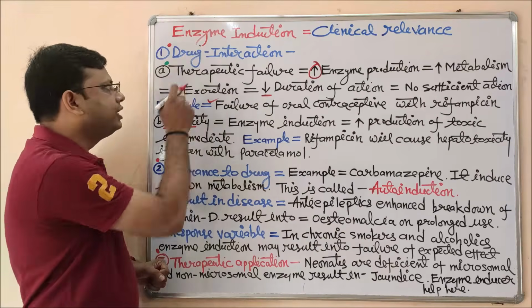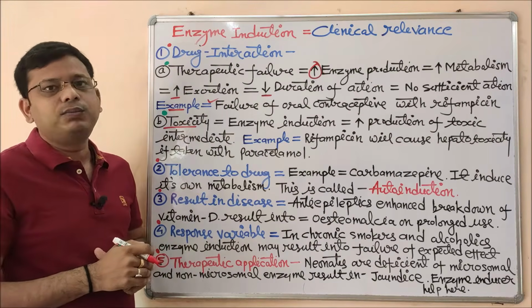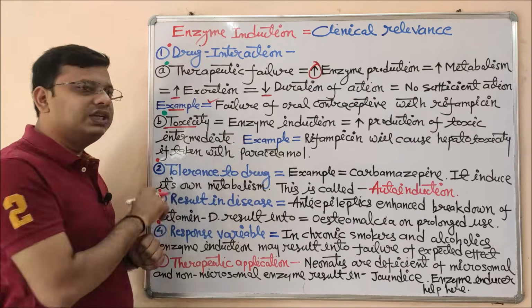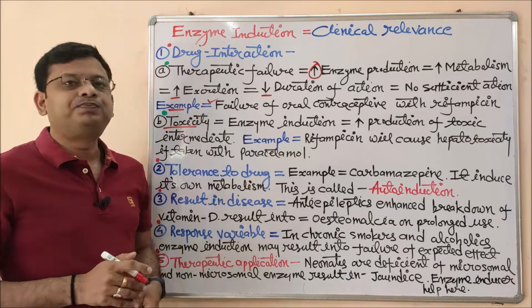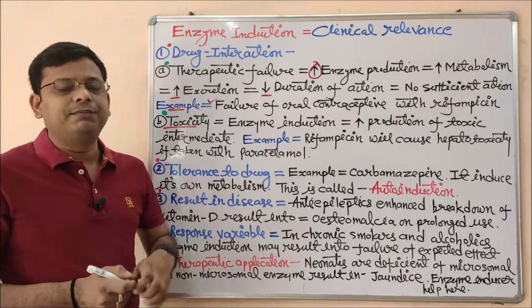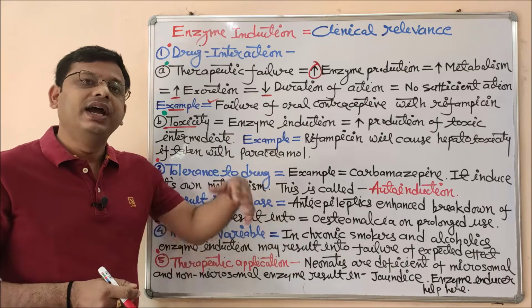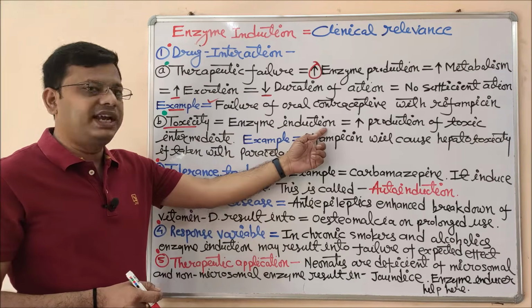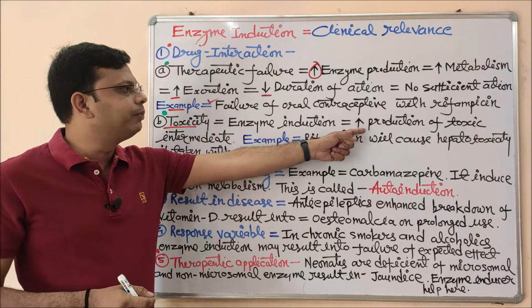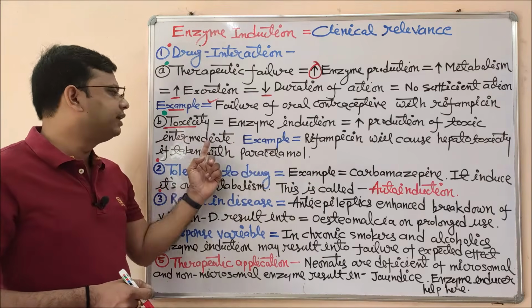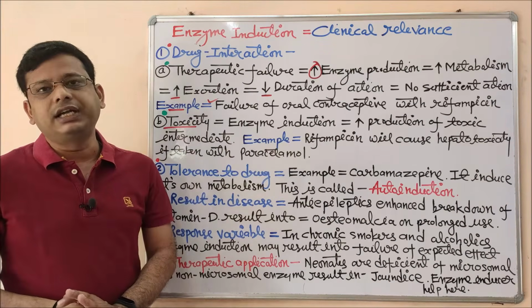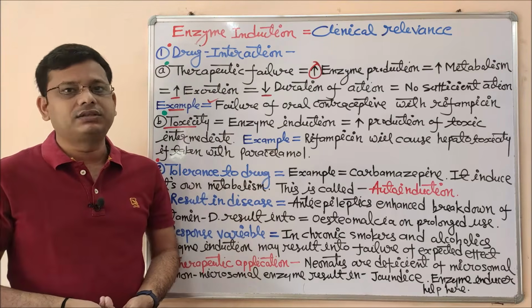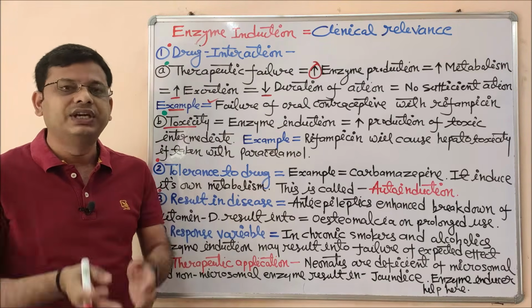So what is happening in case of enzyme induction, in case of drug interaction, in case of toxicity? See, enzyme induction. If some drug is inducing enzyme, ultimately the process has been completed and is termed enzyme induction. If enzyme induction is taking place, there will be an increase in the production of toxic intermediate. What is the meaning of toxic intermediate? I have explained this regarding metabolites in phase 1, phase 2 reactions.